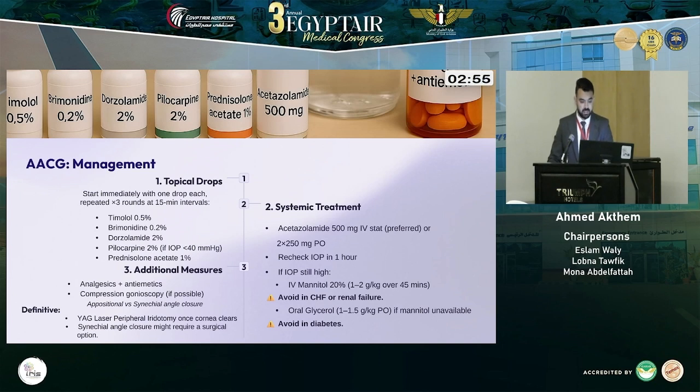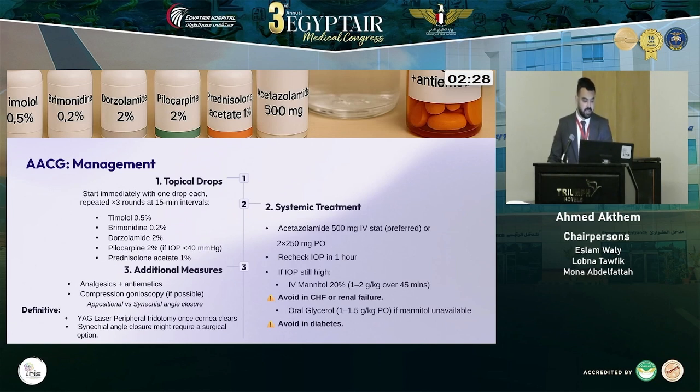Also, the systemic treatment, which is very important, is to give acetazolamide 500 milligrams intravenous immediately, or 2 tablets of 250 milligrams. Please recheck the IOP in 1 hour, and then if the IOP is still high, please administer IV mannitol 20%, and if not available, please give the patient oral glycerol.